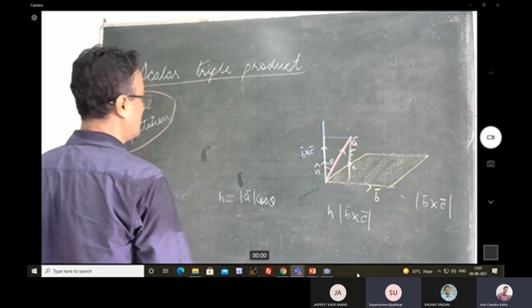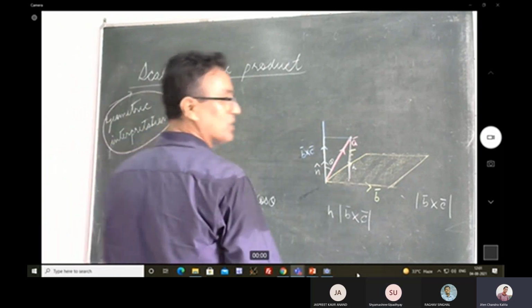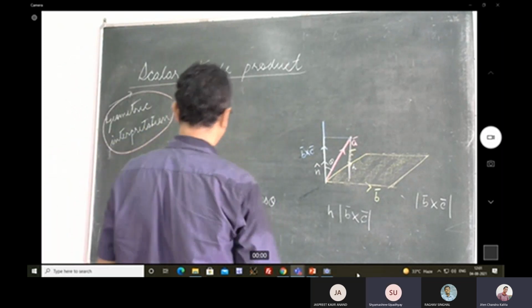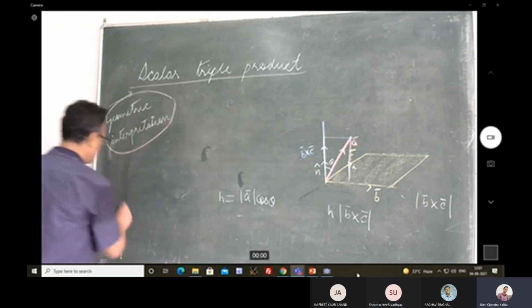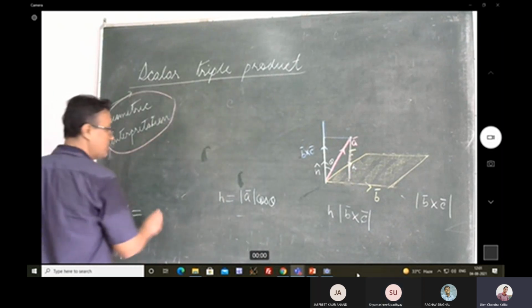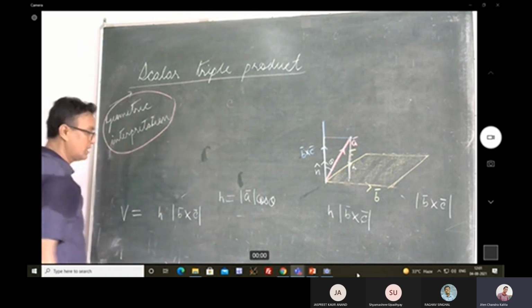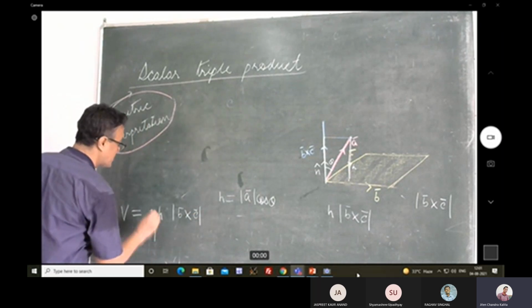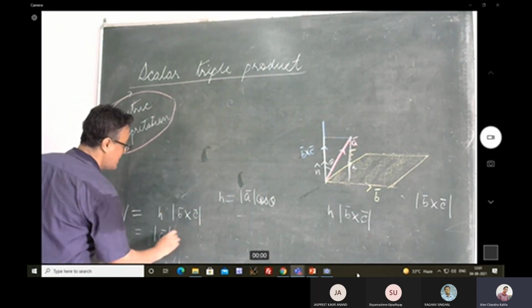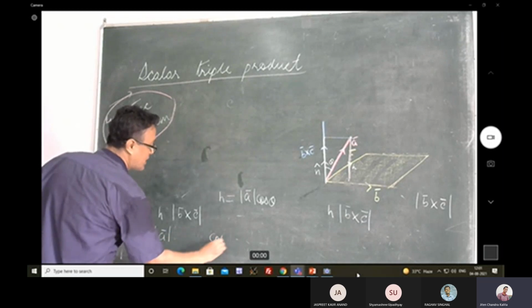Now it is obvious. The volume V is simply H into the magnitude of B cross C, and H is A cos theta.